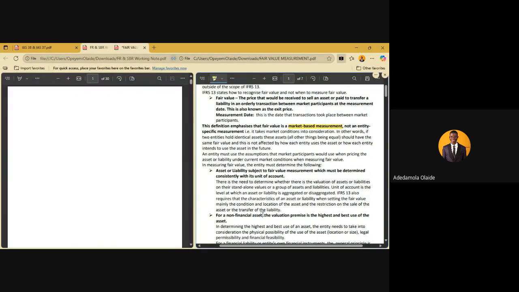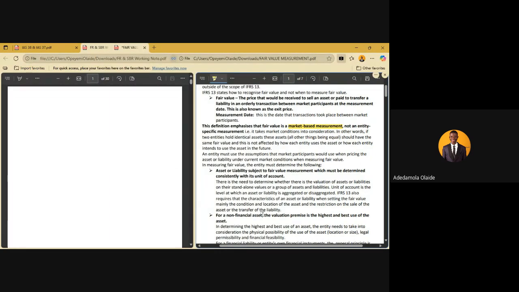If you remember, under IAS 36, when we were discussing, we said something about cash generating unit. And you realize that for cash generating units, when they are giving us the value of the cash generating unit, they used to give us for the entire group of the assets.